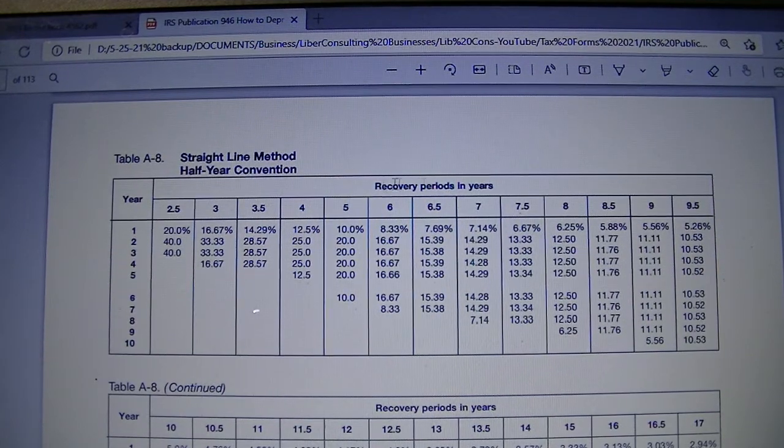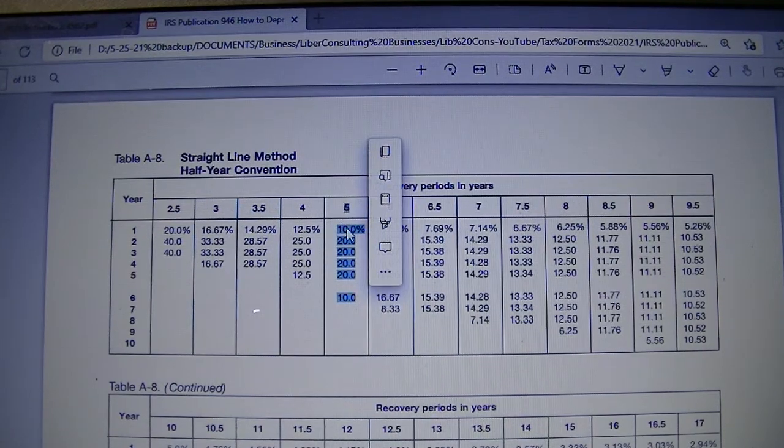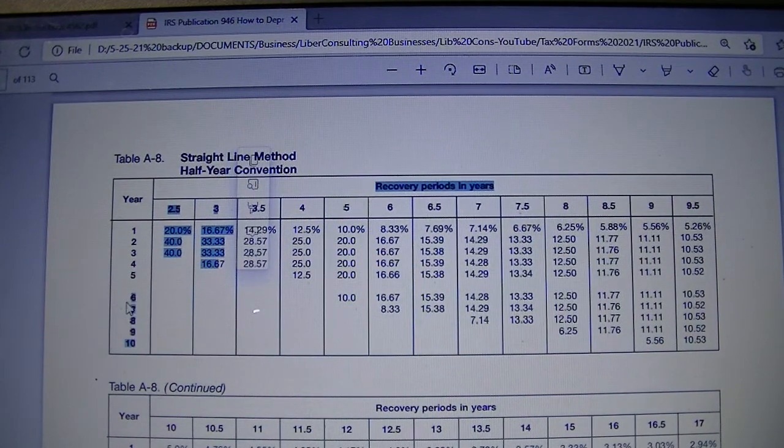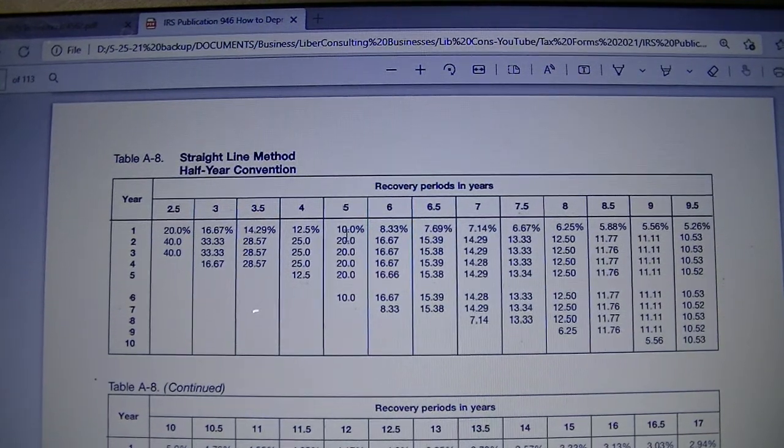Therefore, under recovery period years, we will use the 5-year recovery period column, and you'll notice that it will get fully depreciated in year 6. 1, 2, 3, 4, 5, 6. So what I like to do is copy those rates to the spreadsheet.